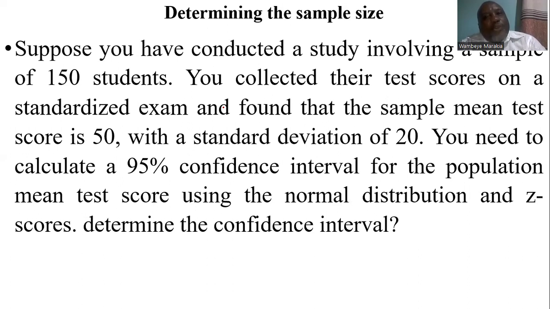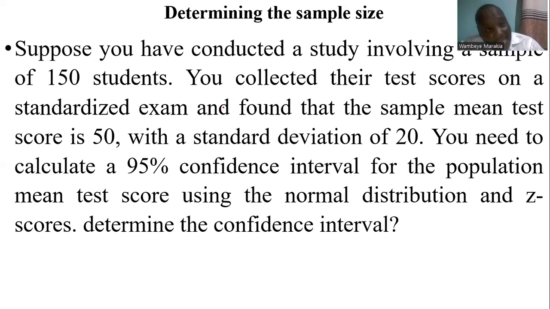You collected their test scores on a standardized exam and found that the sample mean test score is 50 with a standard deviation of 20. You need to calculate a 95% confidence interval for the population mean test score using the normal distribution and the Z scores. Now, determine the confidence interval.